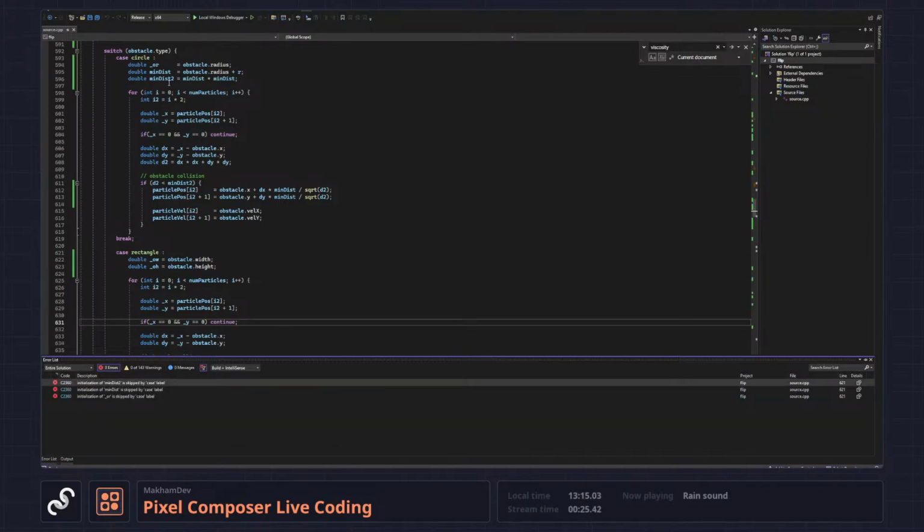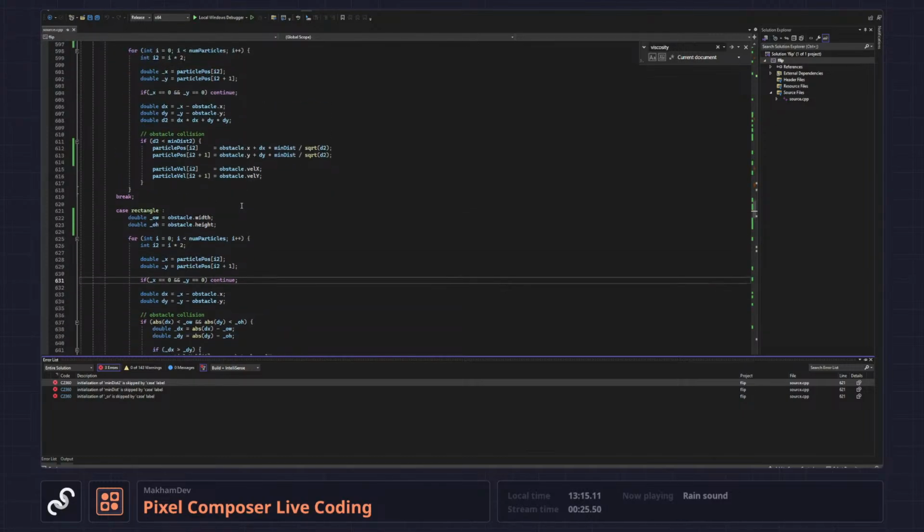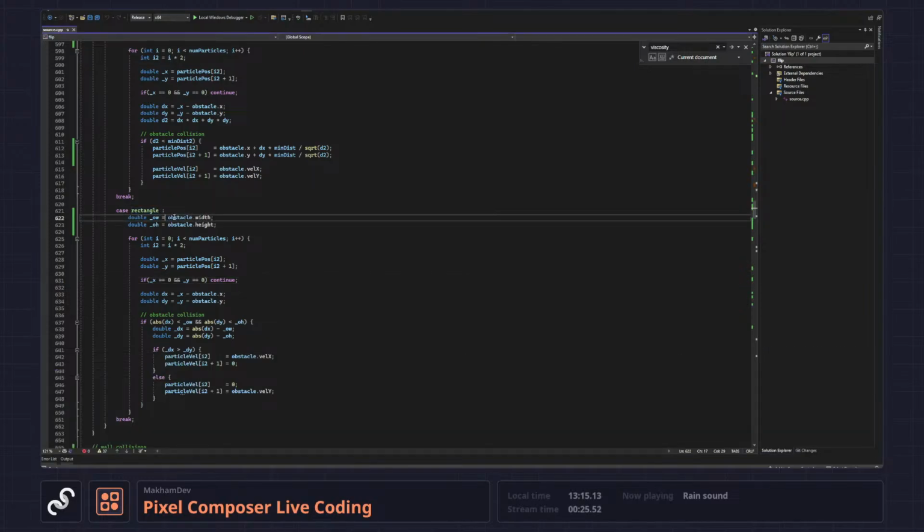Initialization of MinDis2 skipped by the case label. So I cannot do that.